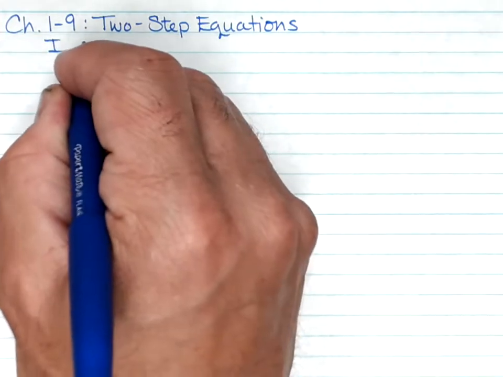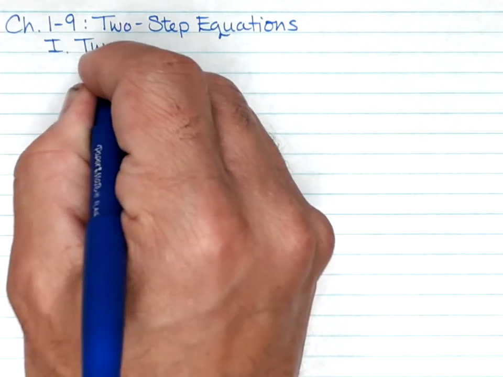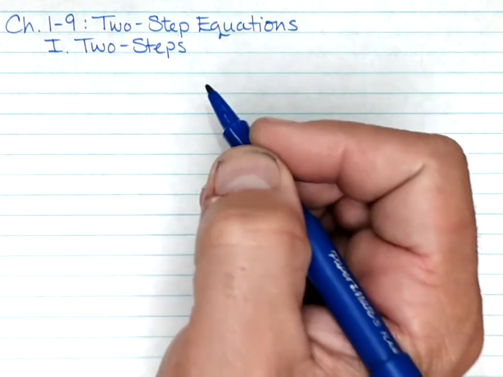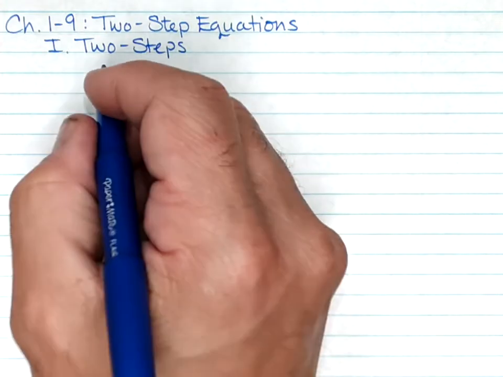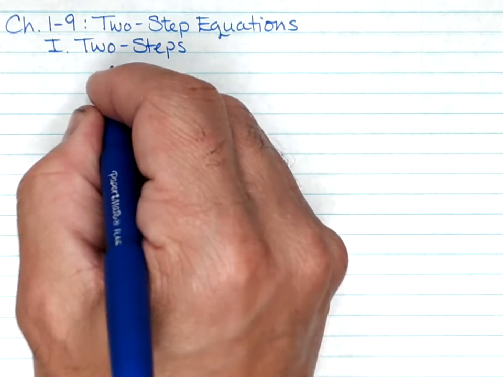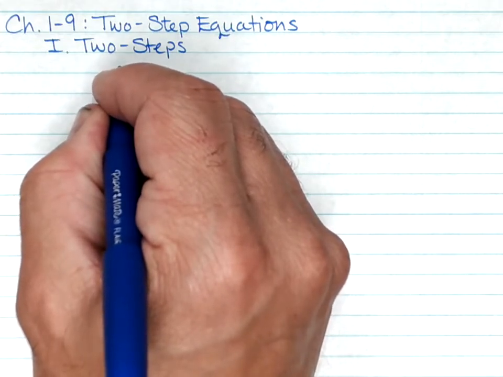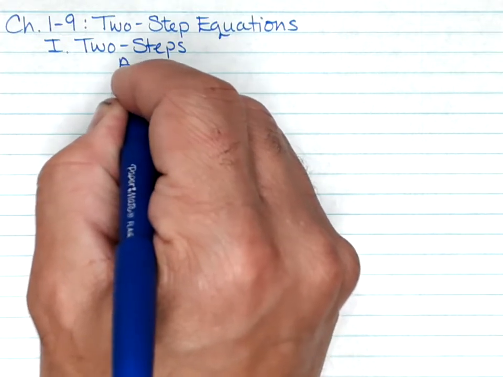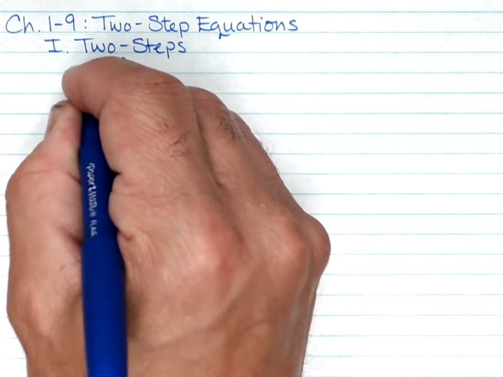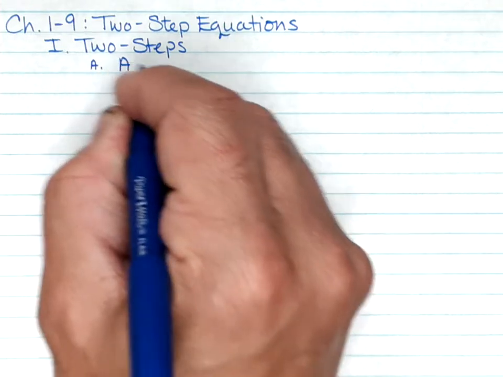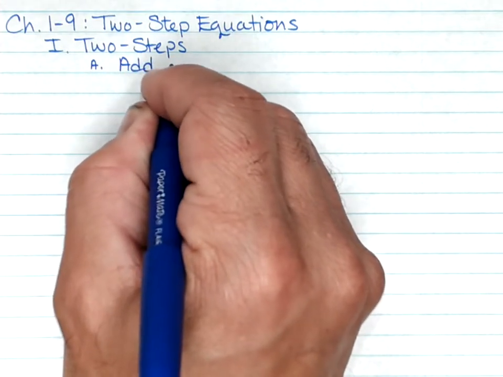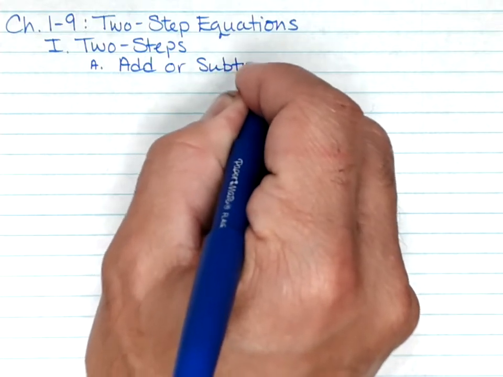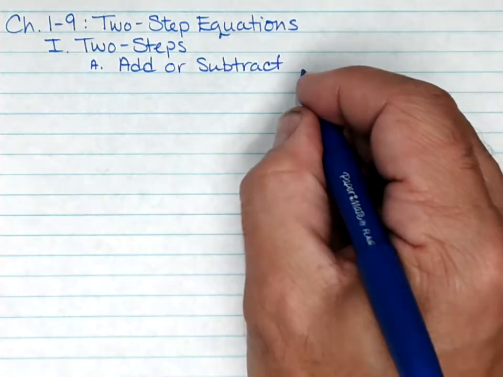Like the title says, this is just a two-step process. The first step I'm giving you is to always add or subtract from both sides.